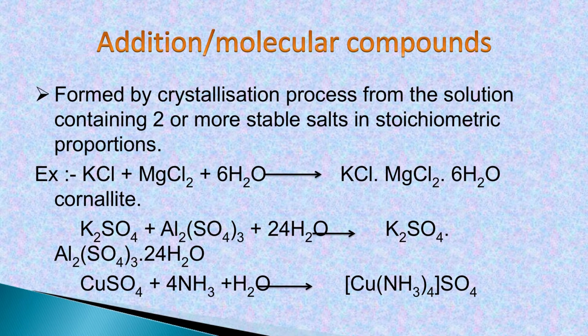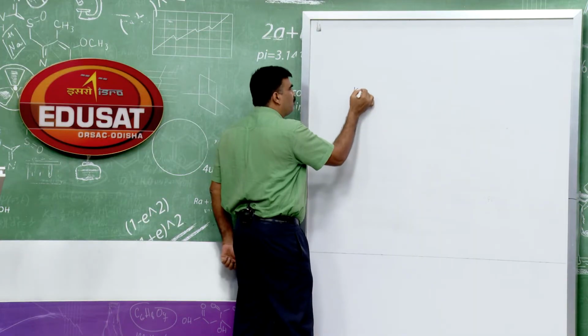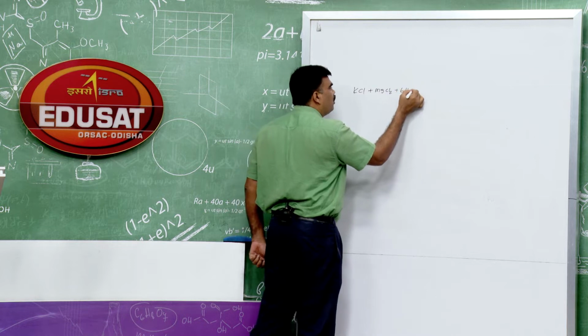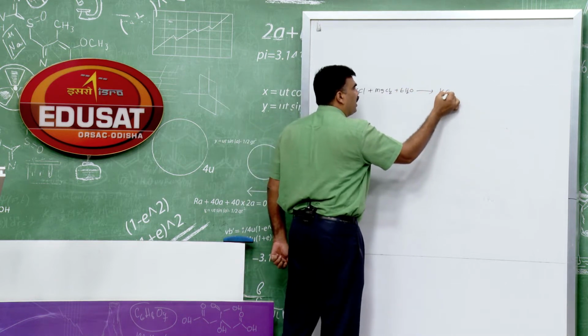Remember, 2 stable salts, when they crystallize, they can either be added or they can chemically combine. Like potassium chloride plus magnesium chloride plus 6H2O is called carnallite.